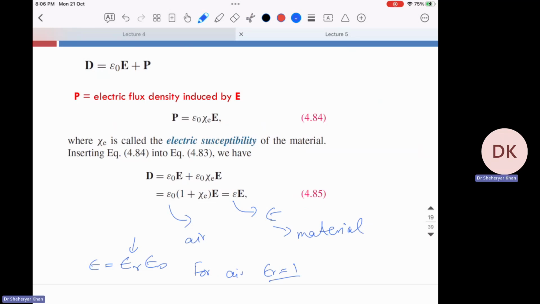So you can find some list. Okay, so this is the permeability. So we are looking for permeability.